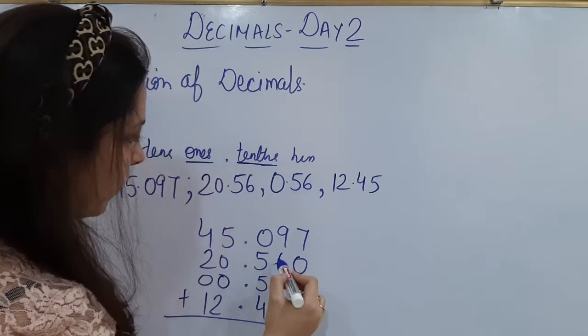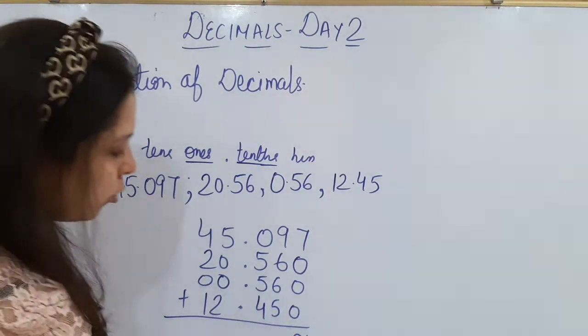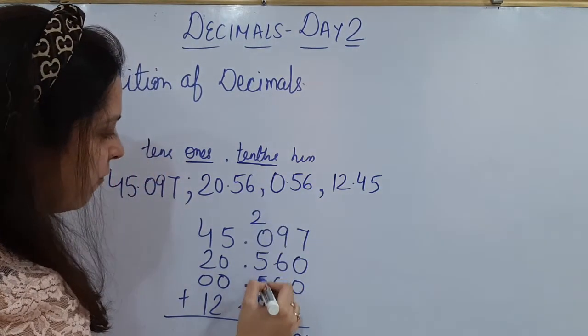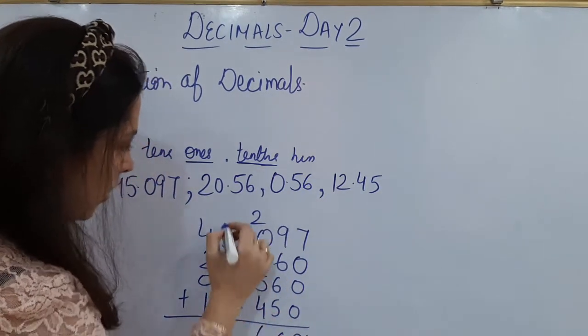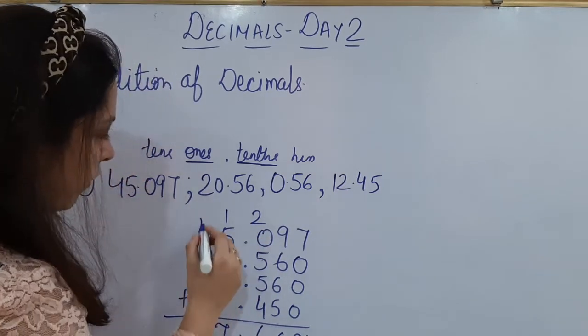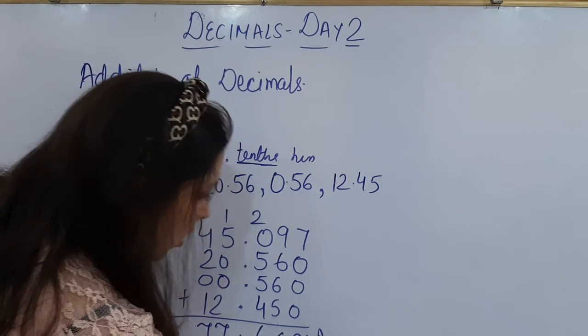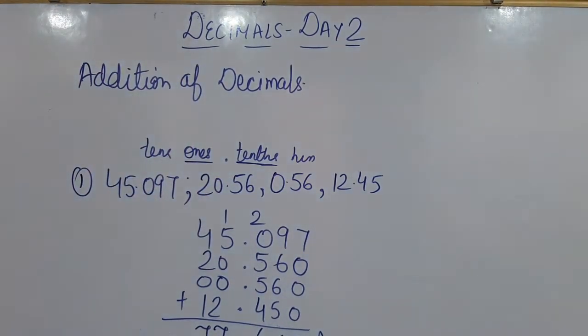So 7, then 9 plus 6 is 15, 15 plus 5 is 20, and 20 plus 6 is 26. Then 5 plus 5 is 10, 14, 15, 16. 5 plus 1 is 6 and 6 plus 2 is 7. Then 4 plus 2 is 6 and 6 plus 1 is 7. So this will be the answer. In this way you can add decimals. I hope you get this.